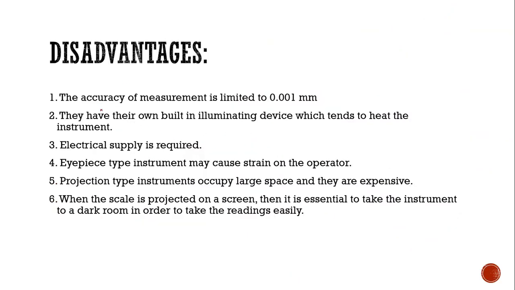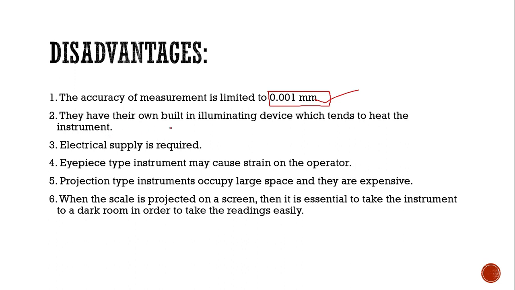Disadvantages: even though the accuracy is good, it is still limited to 0.001 mm. So only up to 0.001 mm variation in dimension can be magnified. So this is the accuracy of this particular instrument.